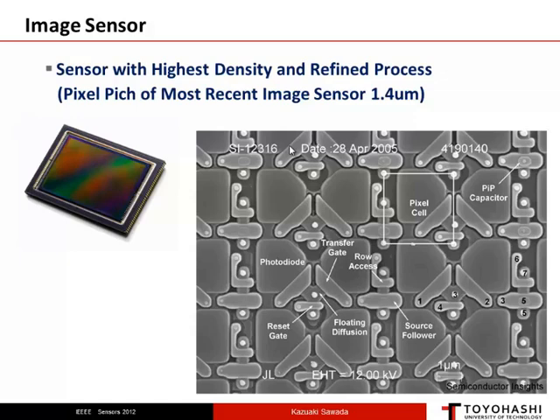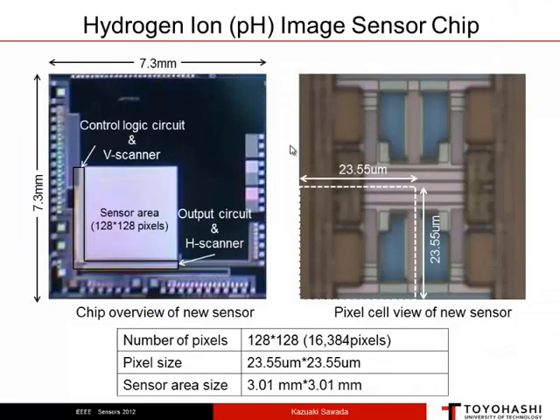Of course, optical sensors have a sensing area and reader circuit. So instead of the optical sensor, we fabricate a biosensor in this area. This is a fabricated ion image sensor.